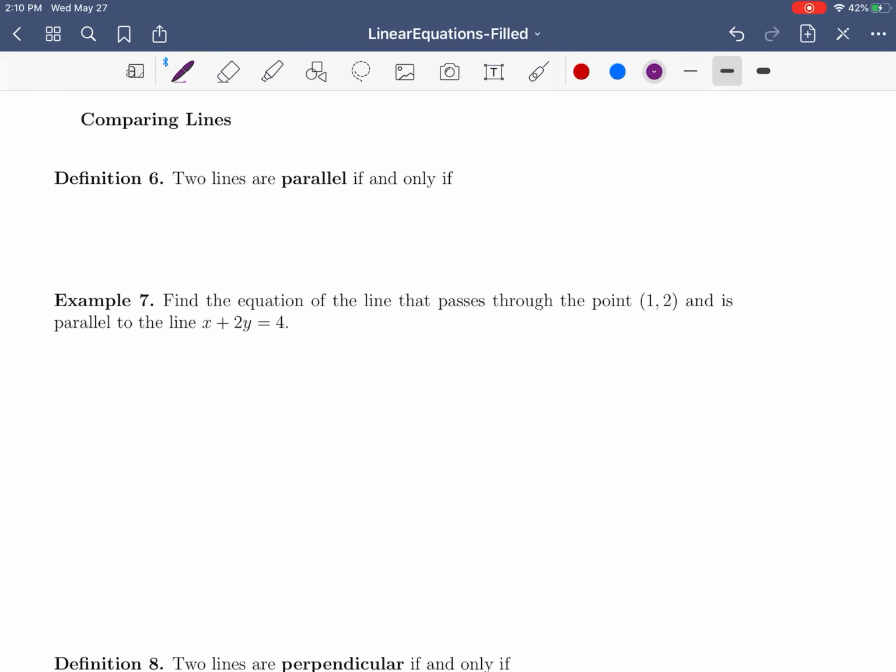So two lines are said to be parallel if they have the same slope.